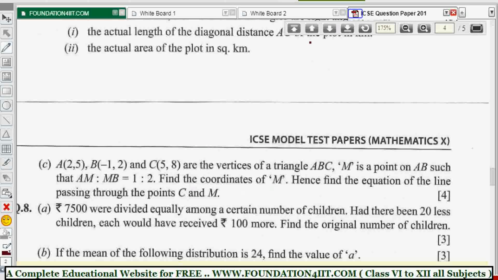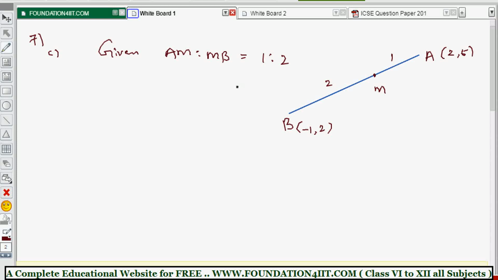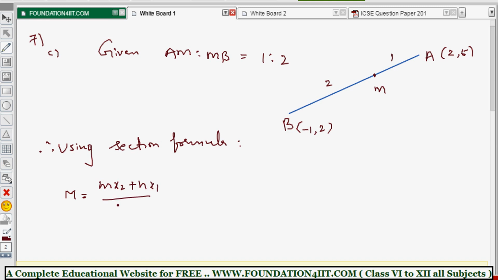So find the coordinates of M first. Using the section formula you can find it out. The point M is (mx2 + nx1)/(m + n), where the ratio is m is to n, and (x1, y1) and (x2, y2), and (my2 + ny1)/(m + n).